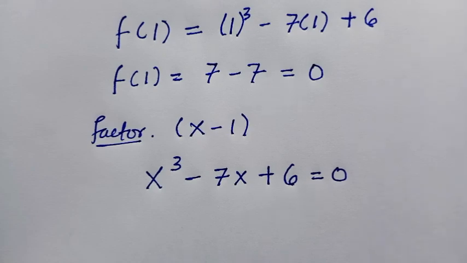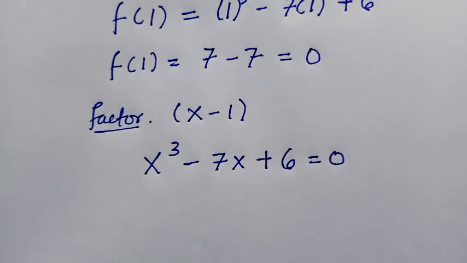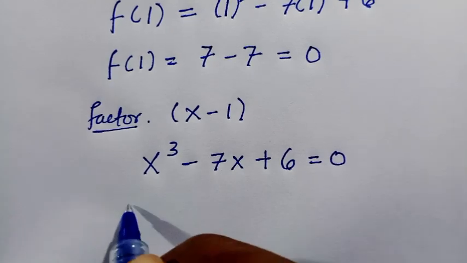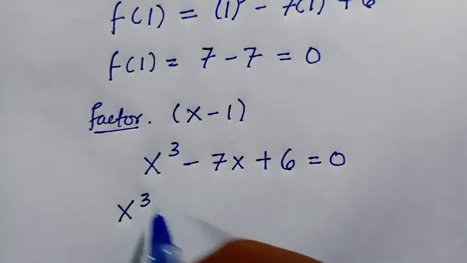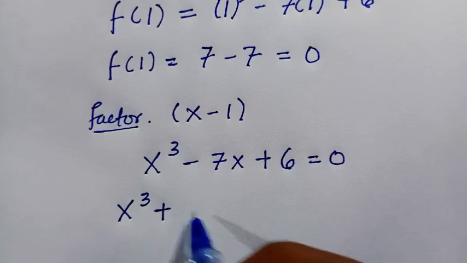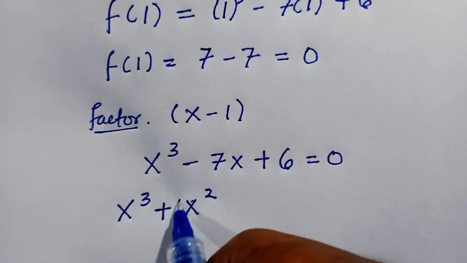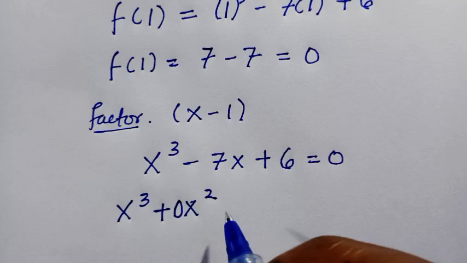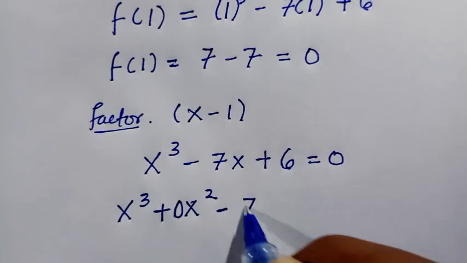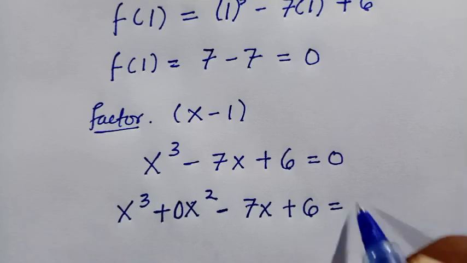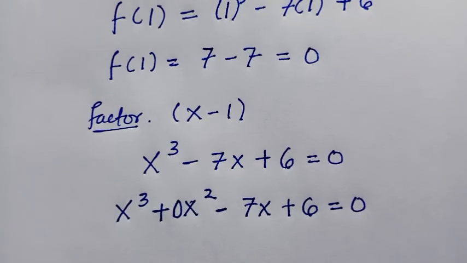Something is missing here, which is x to the power of 2. So I write this as x to the power of 3 plus 0 times x squared minus 7x plus 6, and this equals 0.